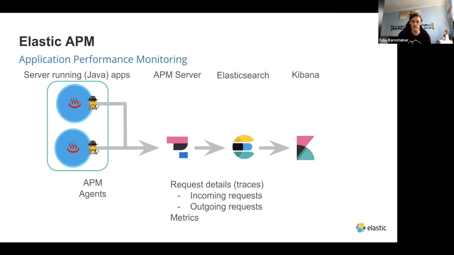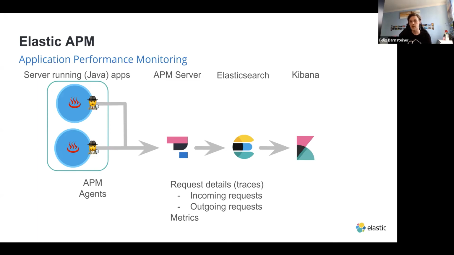We're also collecting some metrics, and all of that information is then sent to the APM server, which processes that information and sends it over to different Elasticsearch indices. And then there's also an APM application within Kibana, which you can use to visualize what the application does.